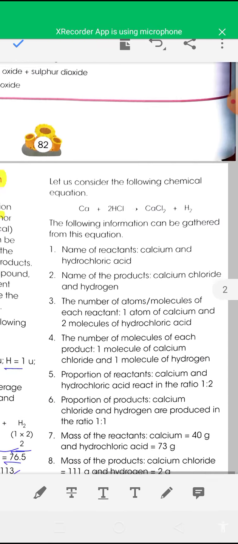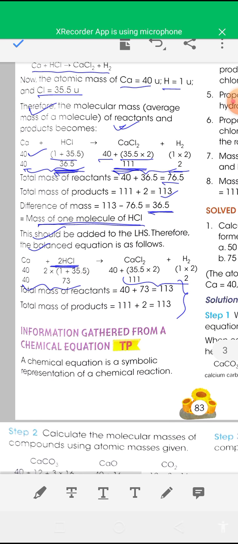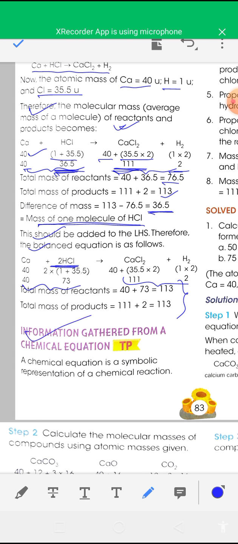Now the next topic is information gathered from a chemical equation. A chemical equation is a symbolic representation of a chemical reaction.